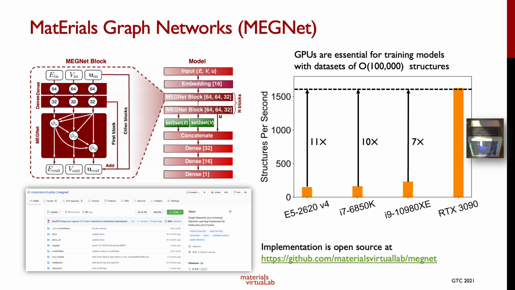Now, in order to train our graph network models, we depend heavily on GPUs. Typically we work with on the order of at least 1,000 to hundreds of thousands of crystal structures with anywhere between 1 atom to 100 atoms in the unit cell.